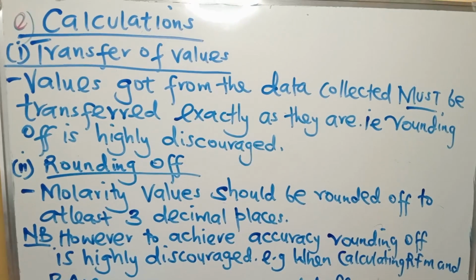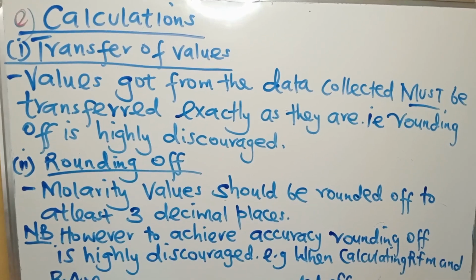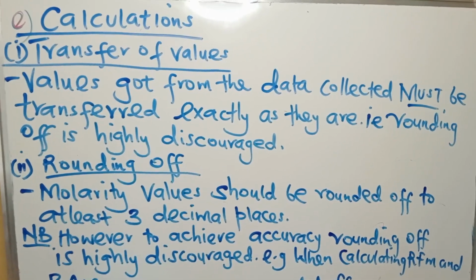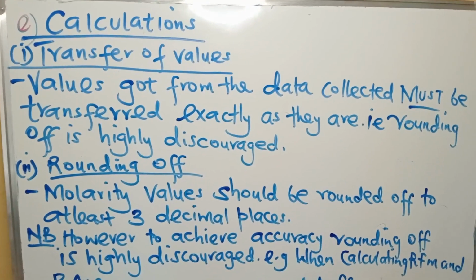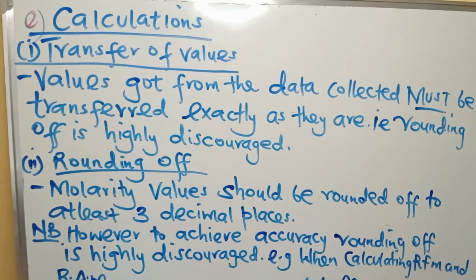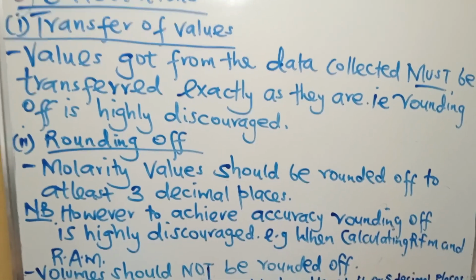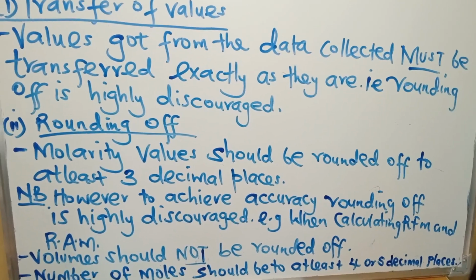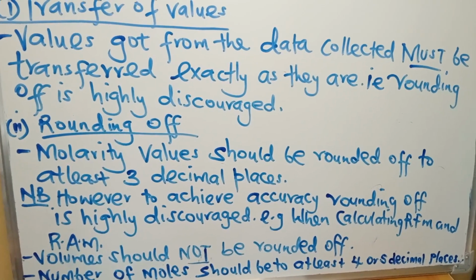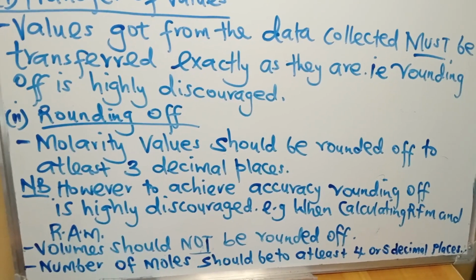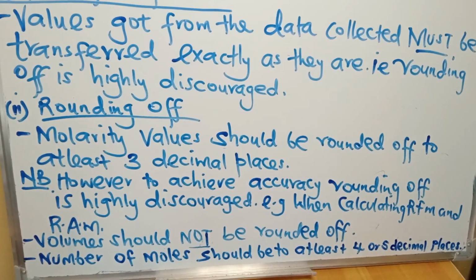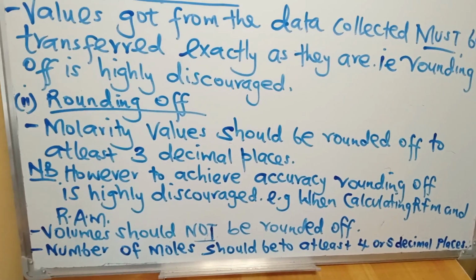So those of us who like rounding off, you should avoid this as much as you can if you must achieve accuracy. Number 2, we have rounding off. Molarity values should be rounded off to at least 3 decimal places. However, to achieve accuracy, rounding off is highly discouraged.